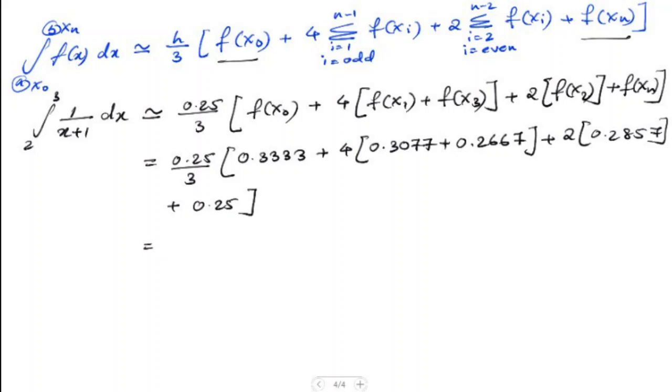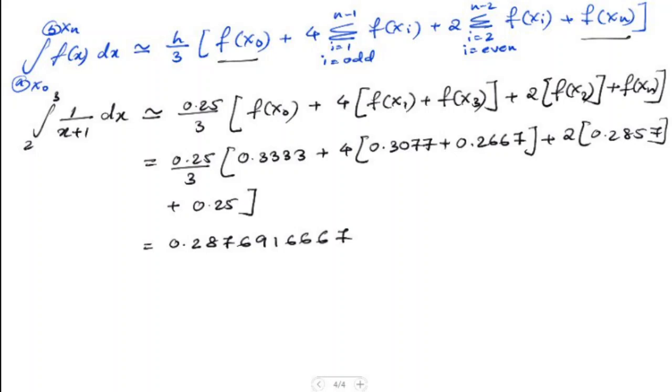If you calculate, you will get the value 0.2876916667. So that's the approximated value using Simpson's 1/3 rule, or multiple segment Simpson's 1/3 rule.